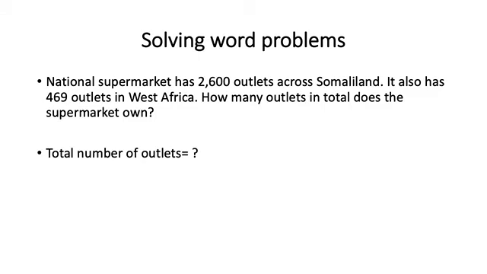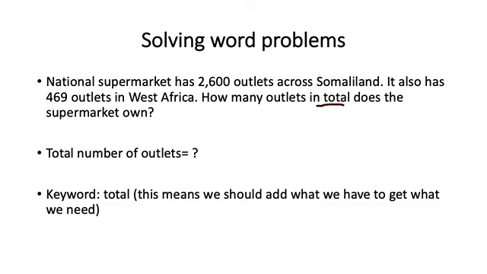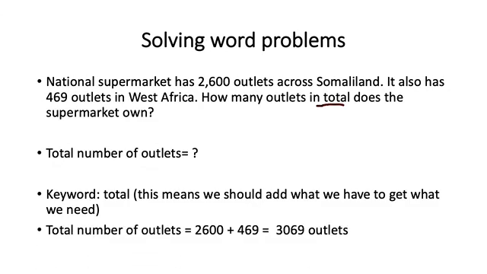We know the amount of outlets in Somaliland and in West Africa, but we don't know how many outlets we have altogether. The third step is to look for keywords that indicate the certain mathematical operation we need to solve the problem. If you look carefully at the question, you will notice that our keyword is total, which means we're going to add. Hence, our total number of outlets would be equal to 3,069.